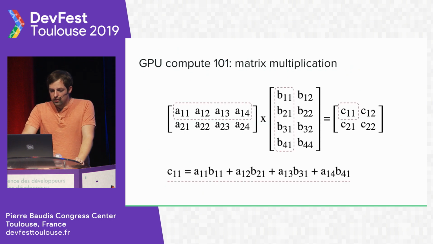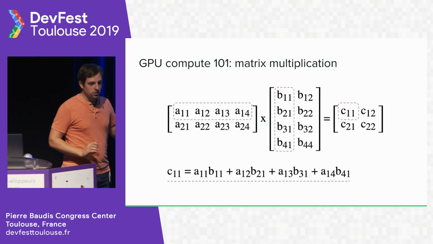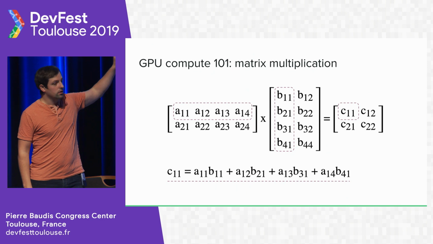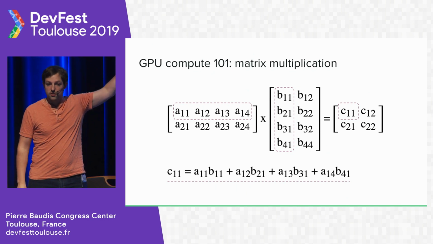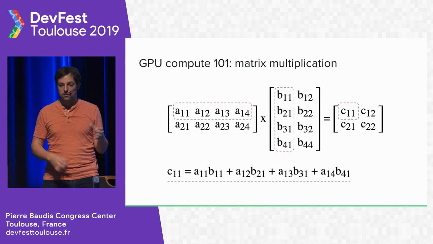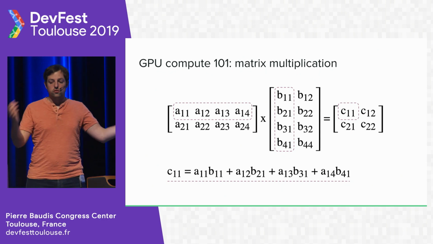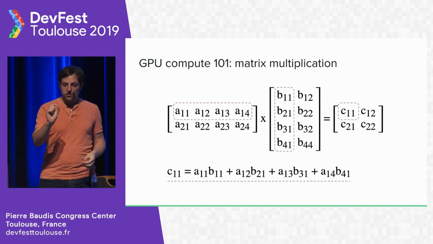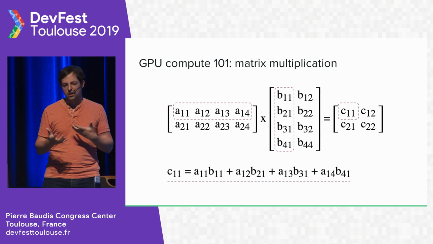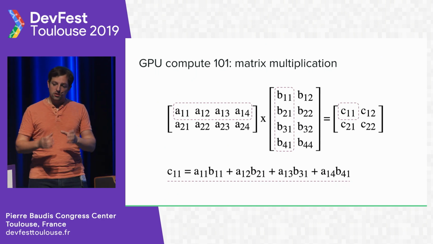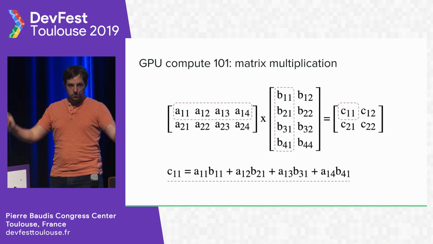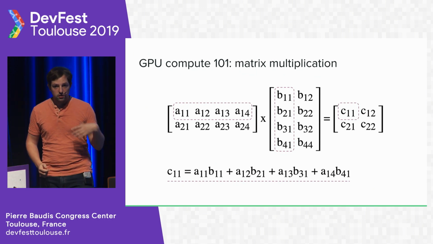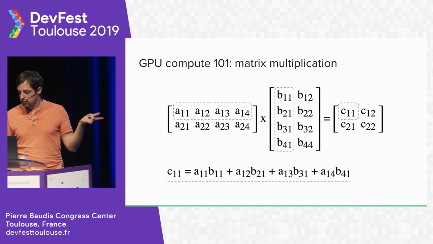I won't go through matrix multiplication, but the point here is that for each cell in the C matrix, we are going to have to do a bunch of computation, but for each cell, the computations are similar. So in a way, we could see each cell as the pixels on an image that we are rendering. We're going to execute the same program on all the elements of the matrix with different data very efficiently using the GPU.